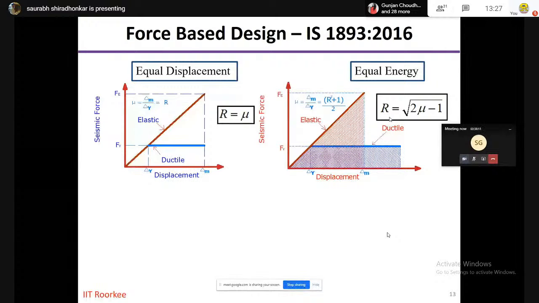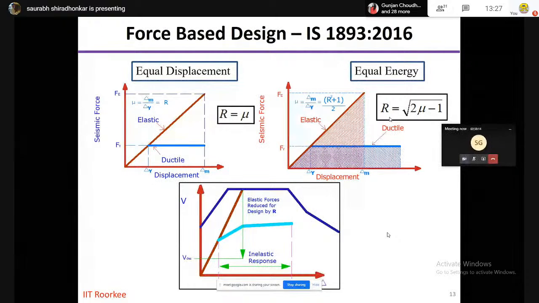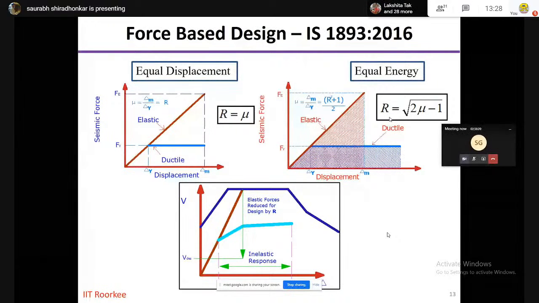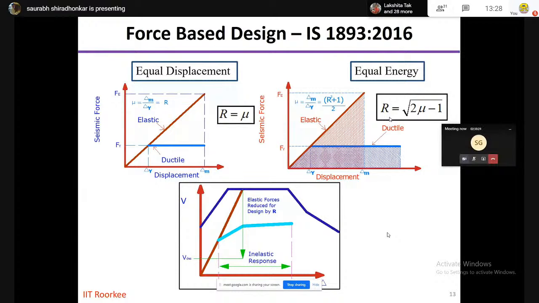So the values of response reduction factor given in IS 1893 help you to reduce the forces coming onto the structure. You basically design for a force which is very much less than what actually occurs on the building during an earthquake. This is the design response spectra shown in the blue color, and then you apply the response reduction factor to obtain the design level forces.